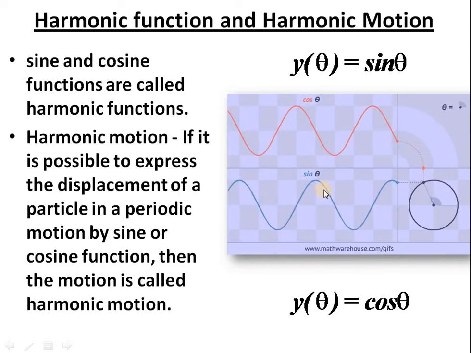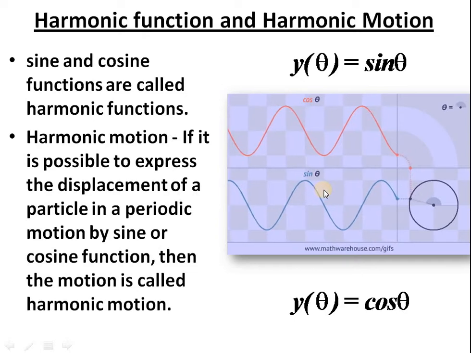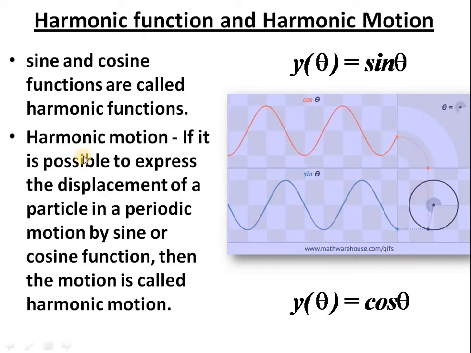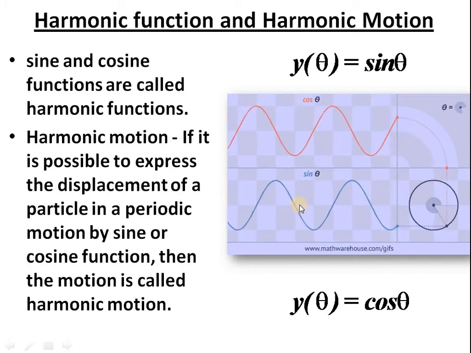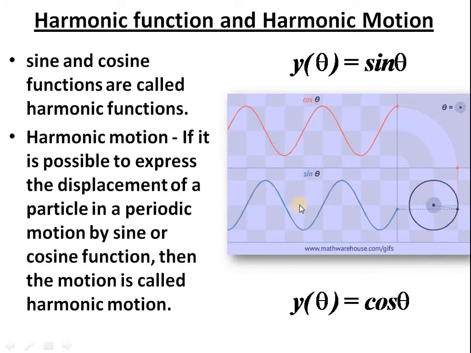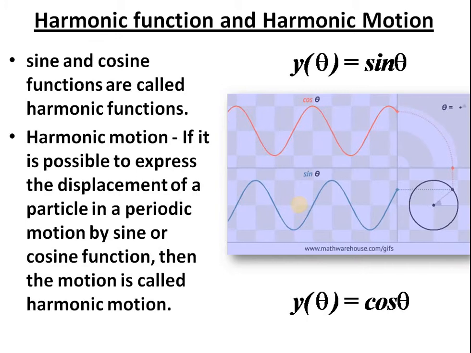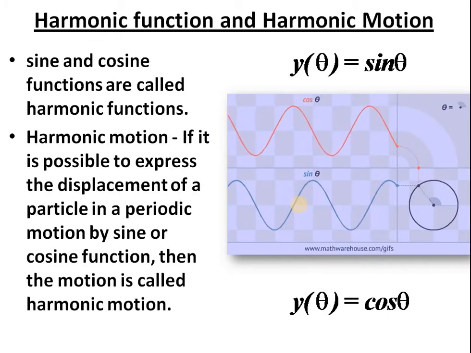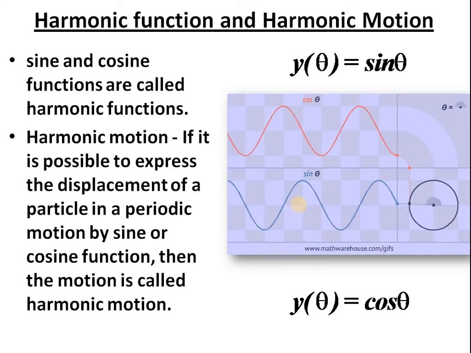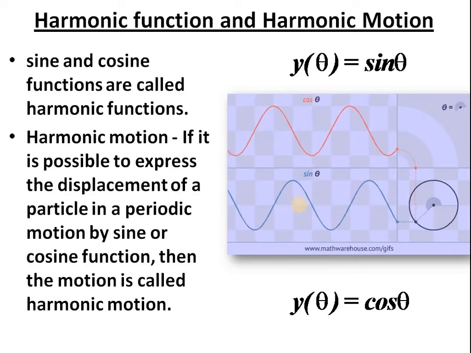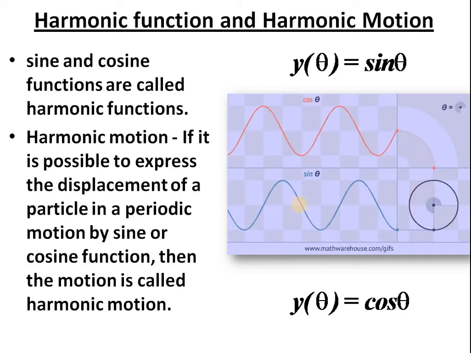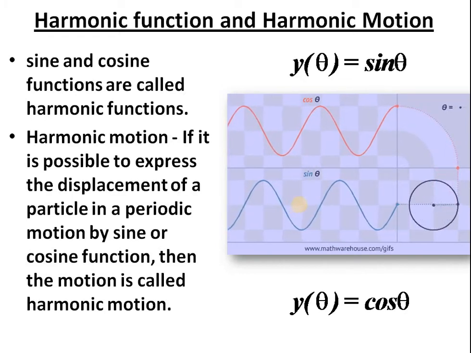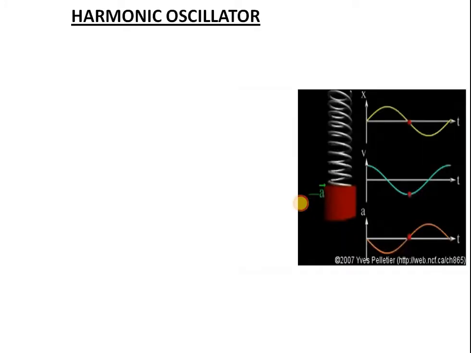That is why we call such motion harmonic motion. The reason we call it harmonic motion is that when we plot the position-time graph of a body executing such motion, we get a harmonic function curve. Hope the idea is clear.